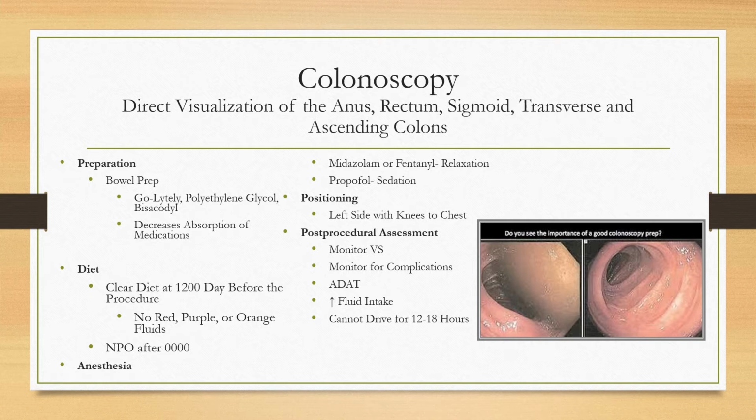Okay? The patient is usually put on their left side with their knees flexed towards their chest. Okay? And the scope is inserted. Okay, so what is the preparation for this? Remember, the entire colon has to be clear of stool.